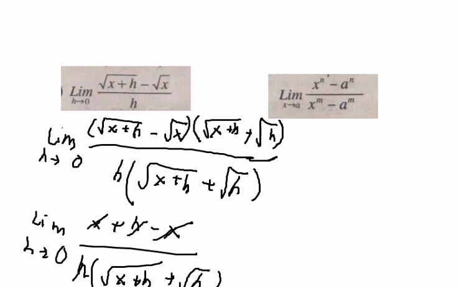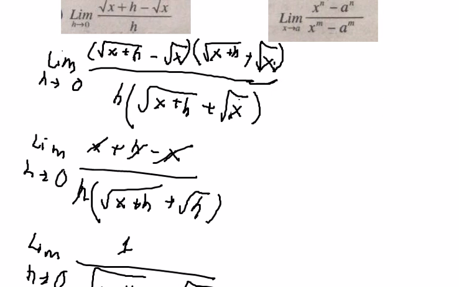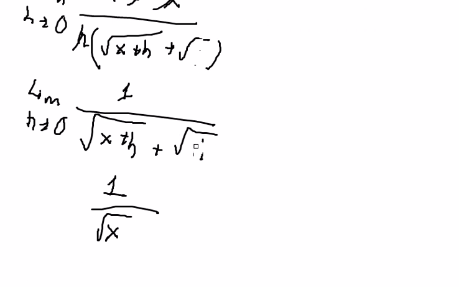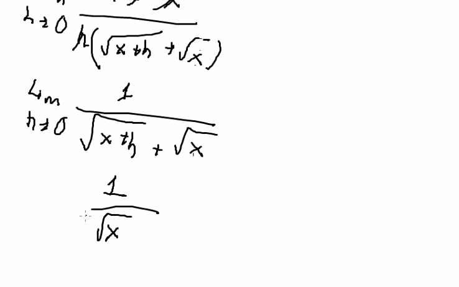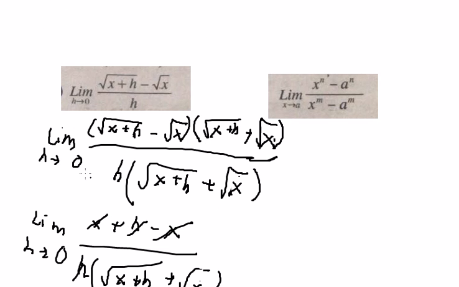On this one, this should be s. So you get 1 over 2 multiplied with the square root of s.